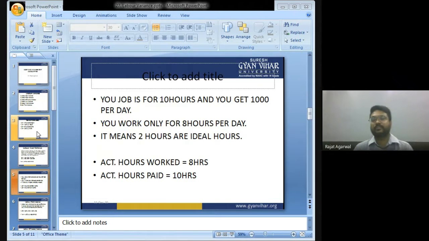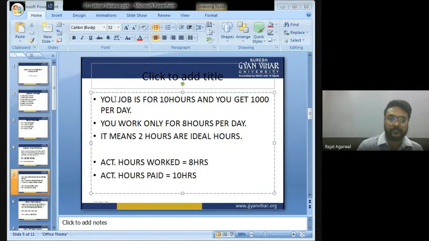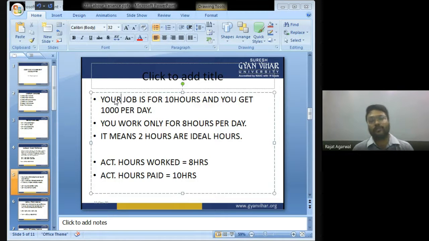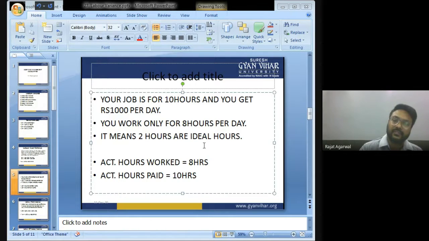Let's understand this with one example. Your job is for 10 hours, and you get rupees 1000 per day. If you work for only 8 hours per day, it means 2 hours are idle hours.